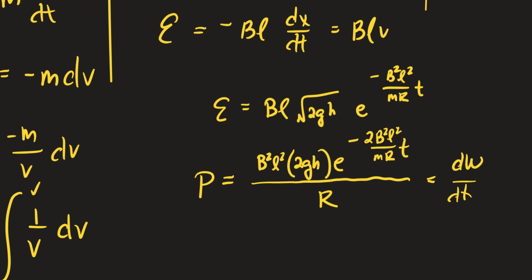This suggests if you want to find the total work done by the magnetic field, you could integrate this from 0 to infinity, and it would give you the total work done. Look at the future of this. When you go to integrate this, this term is going to pop out of the integral, right? But it's going to be the inverse.